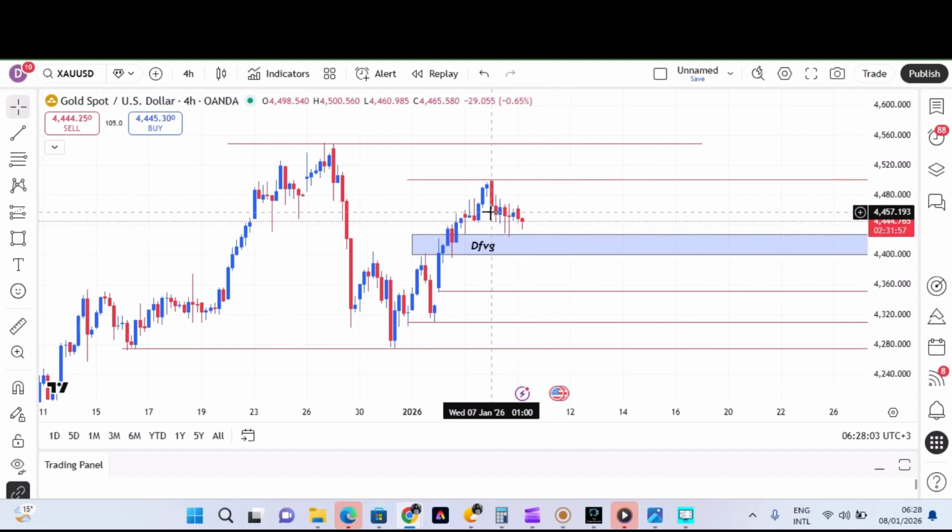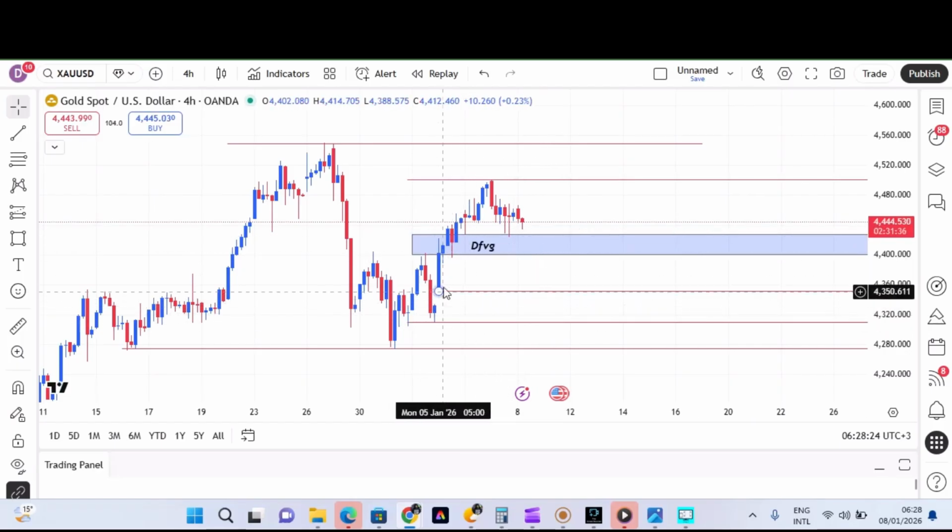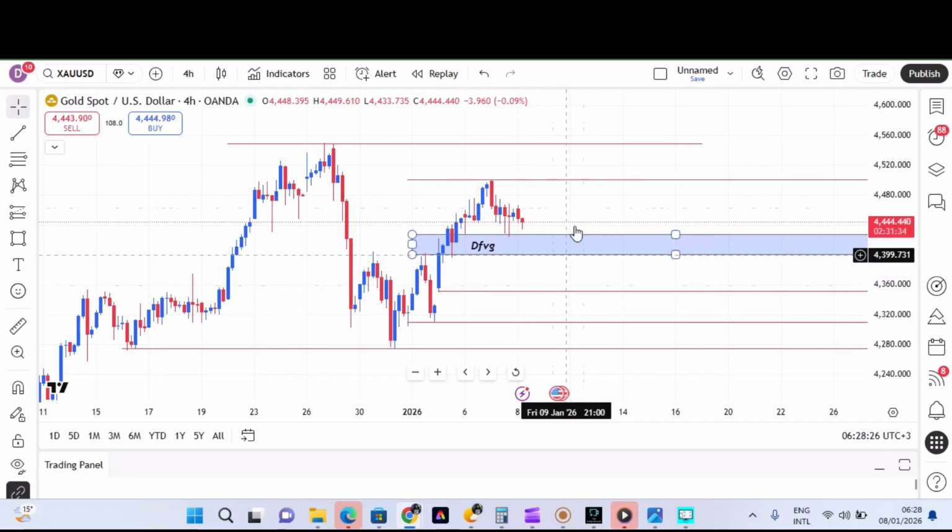The market can induce liquidity like this, because this is liquidity. All these are liquidity zones. The market can induce liquidity like this, then again do a slight retracement, come take out this liquidity, then dump, sweep this, take out this fair value gap, and then dump back down, and then come and slash all this.